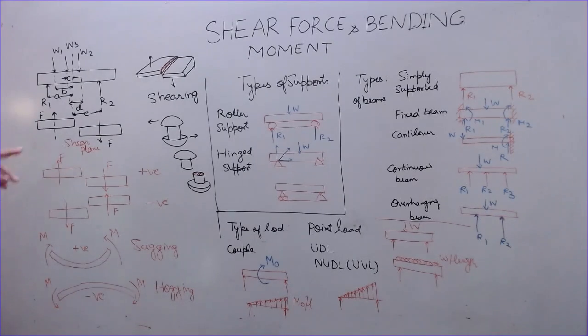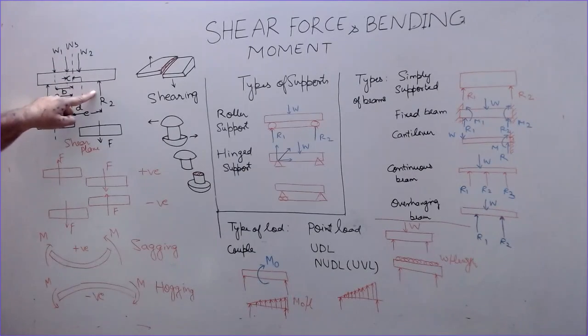Now if I take the moments of all the forces, I have shown the distances of all the forces with respect to this plane. Actually, we have to find the shear force and the bending moment of the forces which are acting on the beam. So the shear force we have found. On this side, the shear force F is in the upward direction, and for equilibrium, this is equal to R1 minus W1 minus W3.